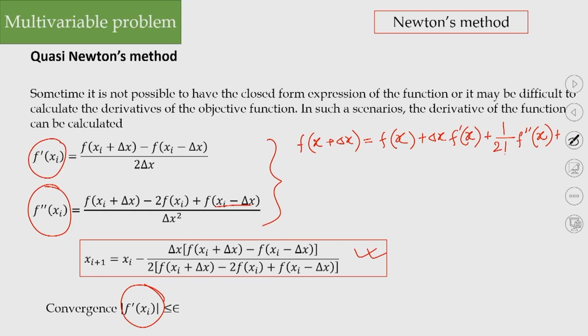Similarly, I can also write f(x - delta x), which equals f(x) minus delta x times the first derivative at x, plus delta x squared by factorial 2 times the second derivative at x.